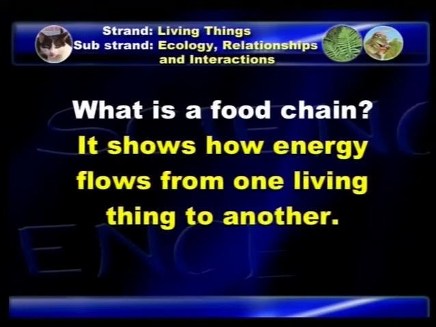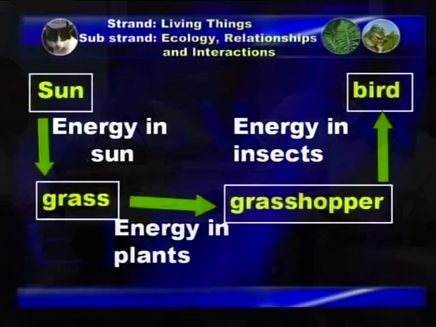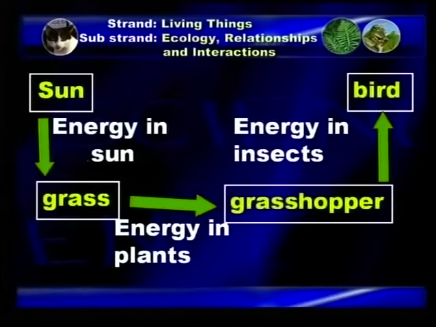Now let's look at the diagram here to help us understand more about food chain. The diagram here on the monitor shows arrows. There are 3 arrows and 4 words in these 4 boxes.